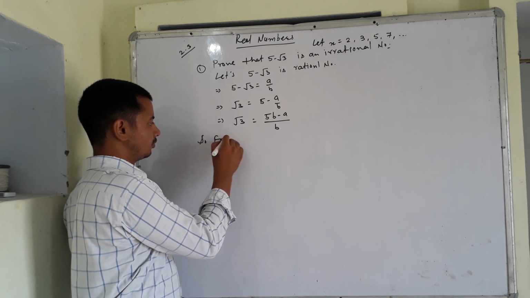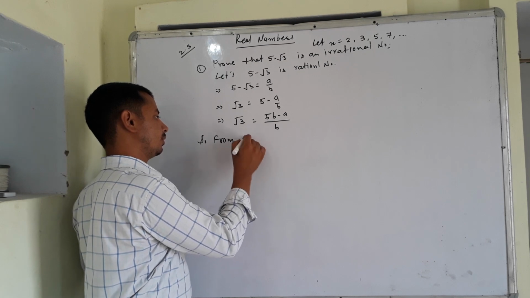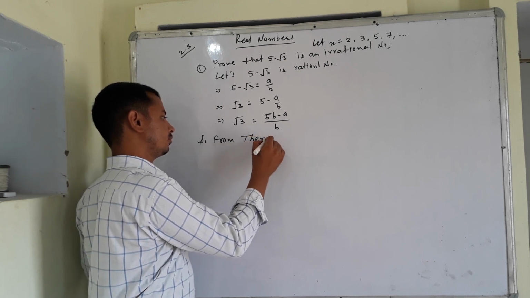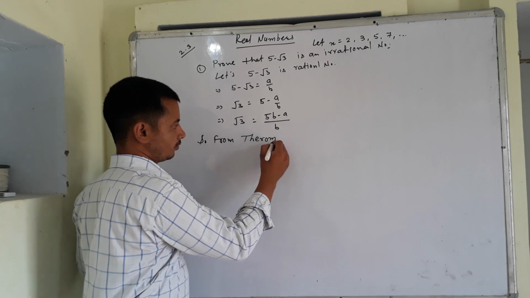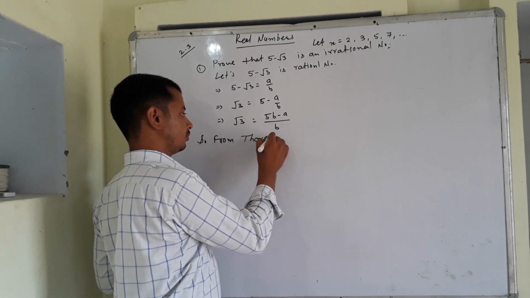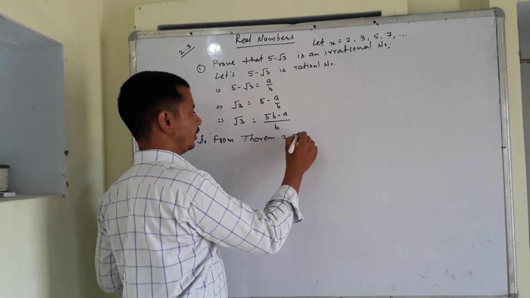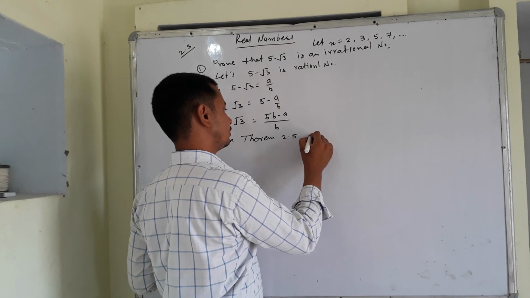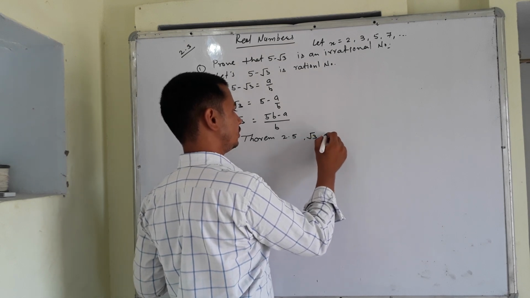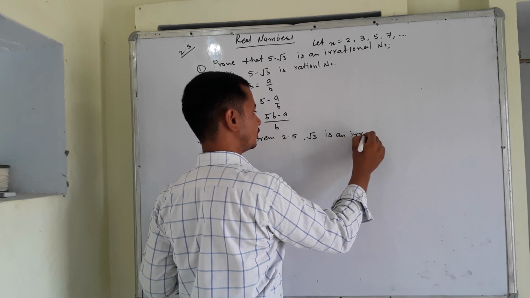So from theorem 2.5, square root 3 is an irrational number.